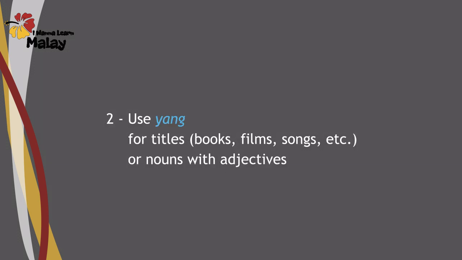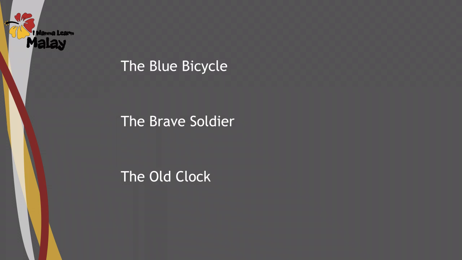Alright, so a second way to convey the article the in Malay is using yang. This is in particular if the noun or subject comes with an adjective. For example, the blue bicycle. That in Malay would simply be basikal yang biru.